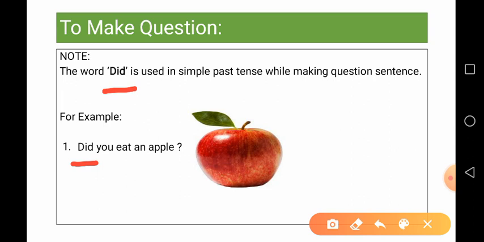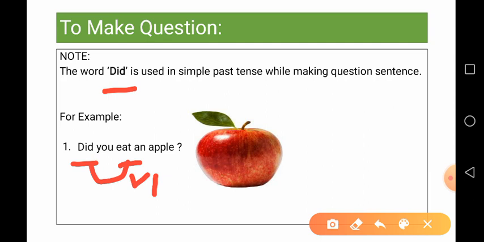One thing that you remember, after did we use first form of the main verb. Here did is helping verb and eat is main verb. So, we always take first form of the verb when we use did in the sentence.